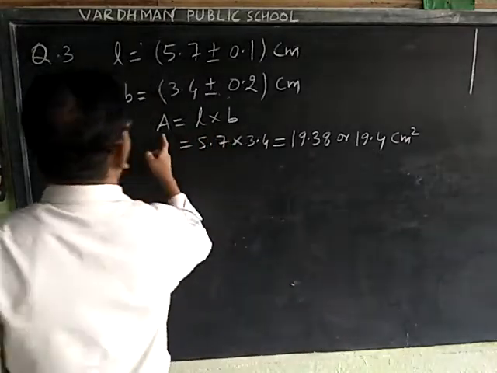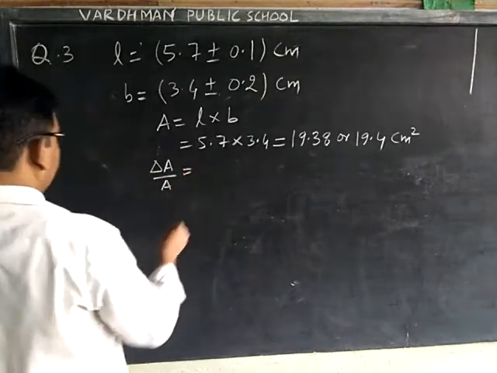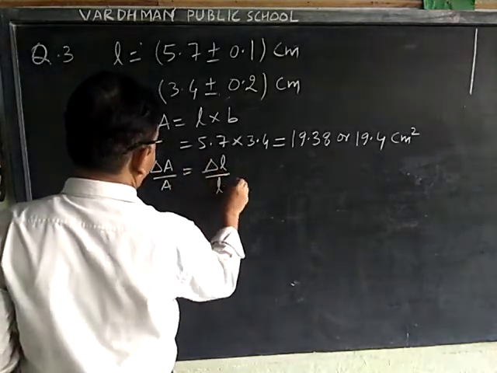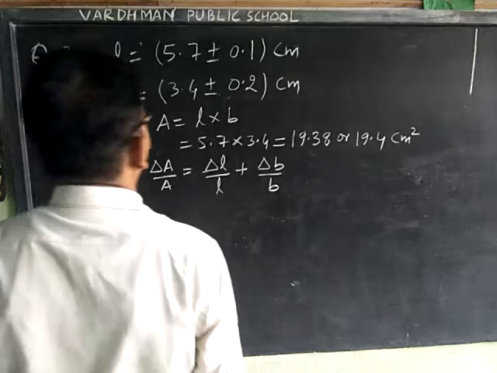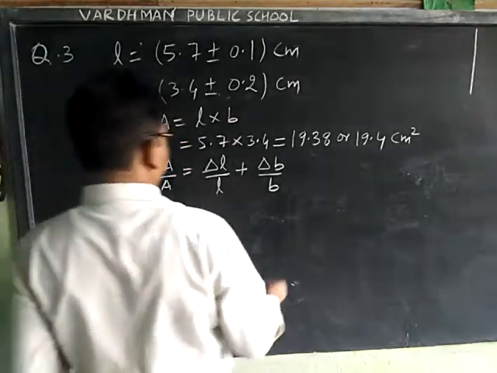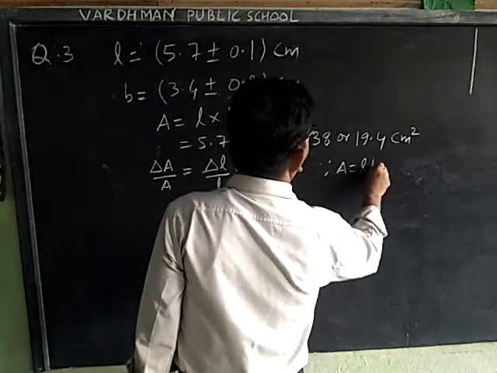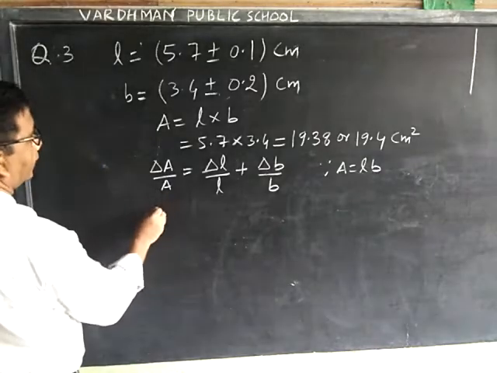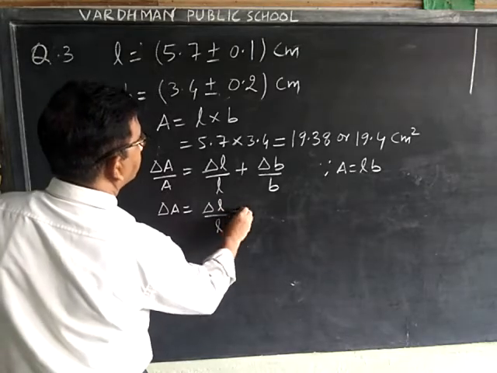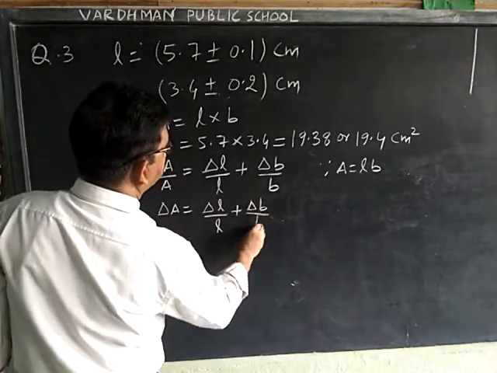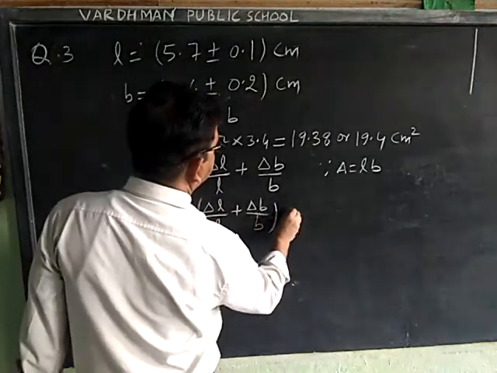Now delta A upon A is equal to delta L upon L plus delta B upon B. Since area is equal to length into breadth, delta A is equal to delta L upon L plus delta B upon B, into area, that is length into breadth.